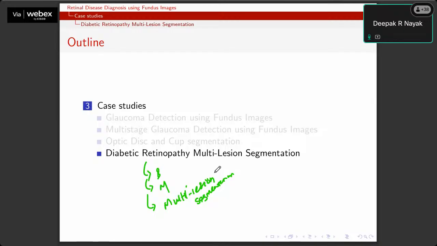We have already discussed the classification-based architectures, the architectures that can be used to solve multi-class classification, and the architectures for segmentation. And here we are interested in solving a particular task, which is diabetic retinopathy grading or diabetic retinopathy multi-lesion segmentation.